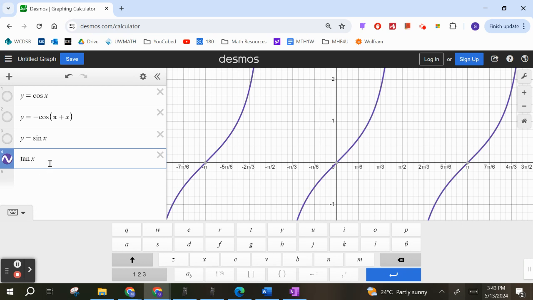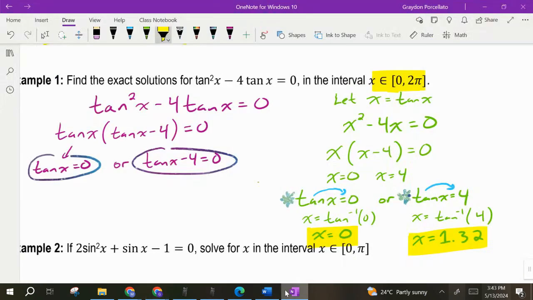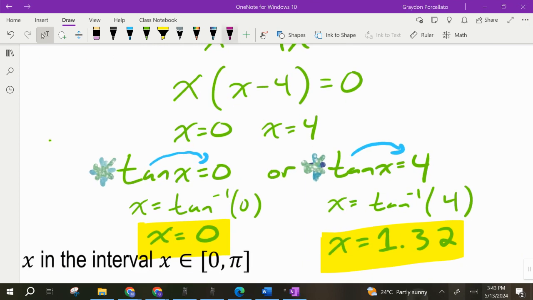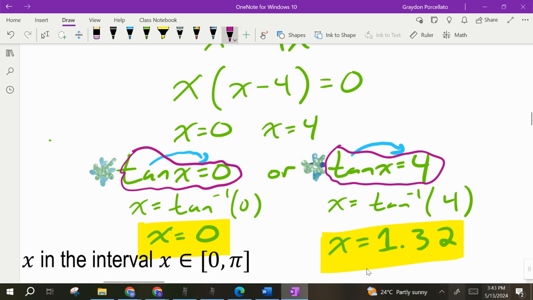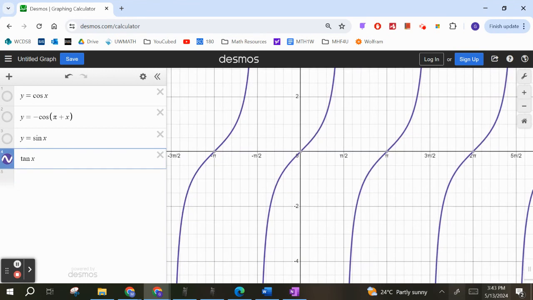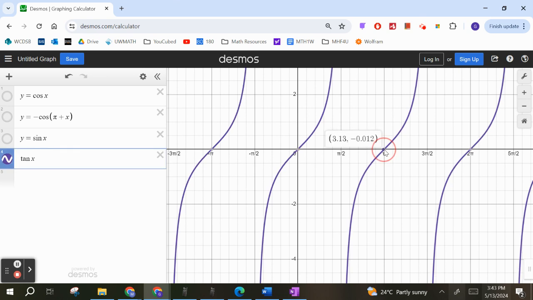We want to know two things. When is tan x equal to 0? There's one. And when is tan x equal to 4? There's another. So let's take a look at our graph and see where that happens. Well, tan x is equal to 0 right here, and right here. Three spots between 0 and 2 pi. So there's 3 solutions there.